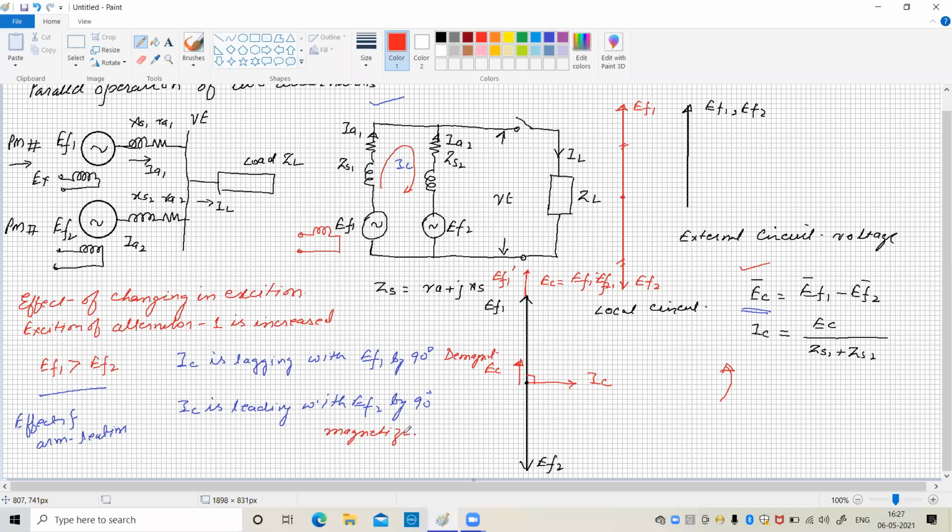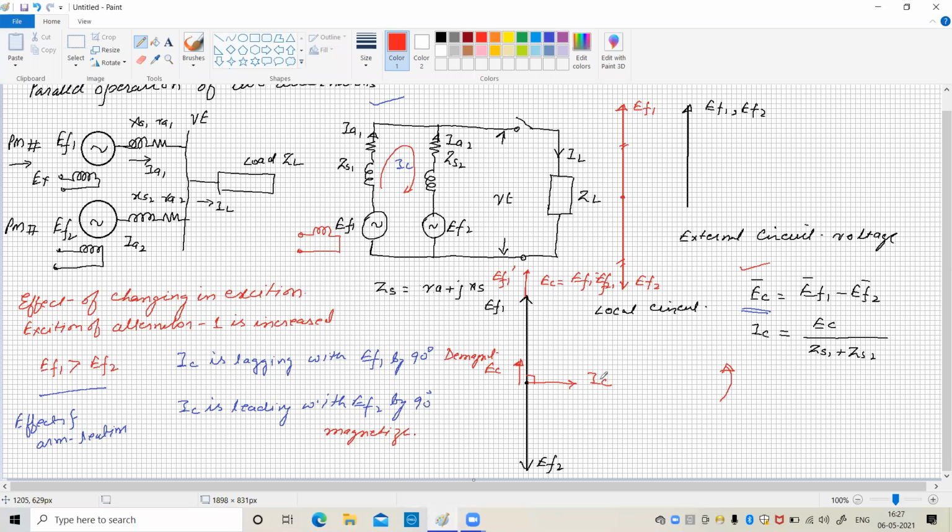So under the magnetized condition, the alternator voltage increases, and under the demagnetized condition, the armature voltage of the alternator decreases. So this current is demagnetizing for EF1 and magnetizing for EF2.